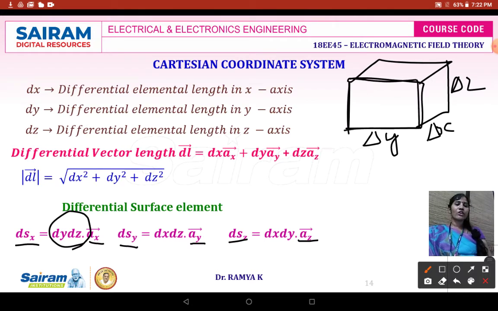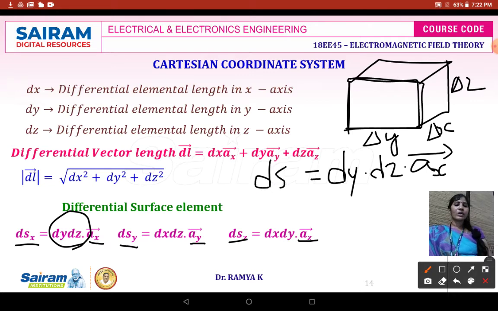The surface area of my front face is going to be dy dz and the direction is going to be your ax vector. Therefore, the differential surface area along the x-axis direction is going to be dy dz ax.